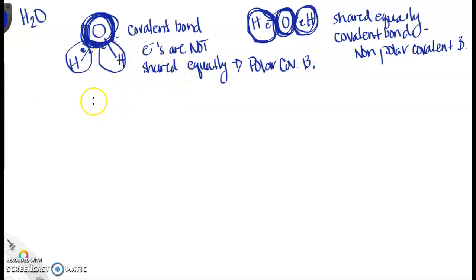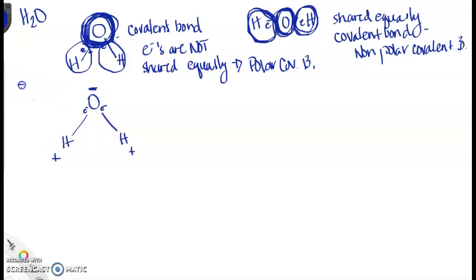And polar means, if I redraw this, you've got your oxygen, hydrogen, hydrogen here. You know, the electrons are negative. So if they're spending more time over at oxygen, so they're closer to here, then that's going to make oxygen kind of negative. And since the electrons aren't near the hydrogens very much, it's going to make the hydrogens kind of positive.